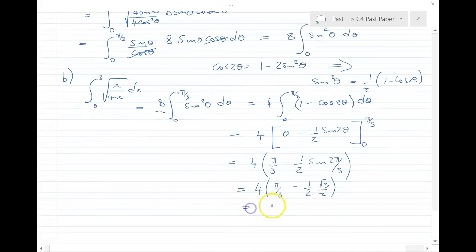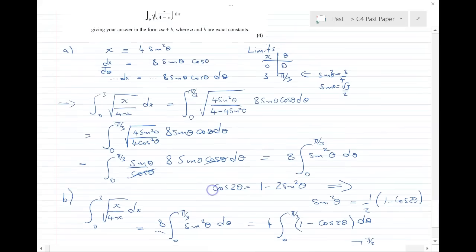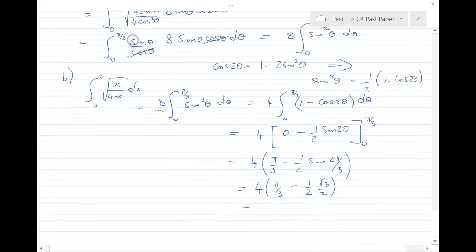Let's multiply out both because it does want it in this form. So multiply that out, it's 4 pi over 3, take away the square root of 3. Okay, that's question 6 done.